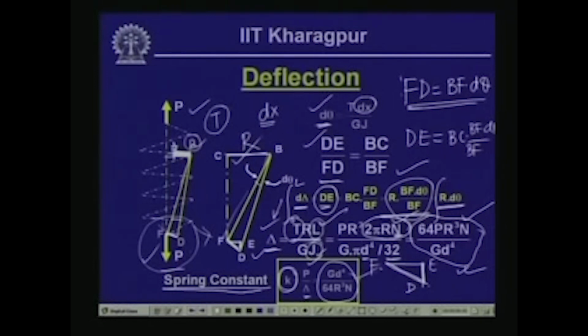And as you can see, all the parameters G, d, R, n are basically the parameters of the spring coil. d is the diameter of the wire with which the spring is made, R is the mean radius of the spring coil, n is the number of turns, and this particular parameter, the spring constant, is of importance because it gives us the behavior of a spring.